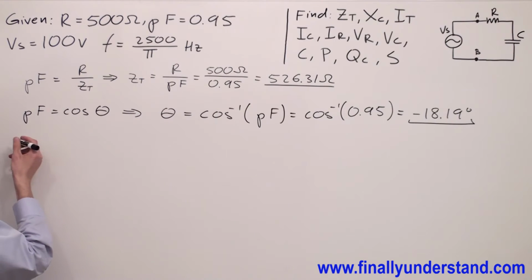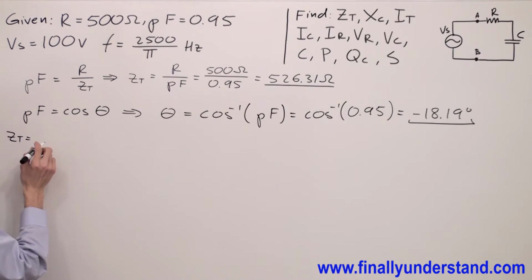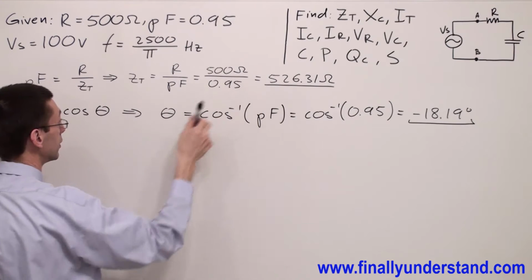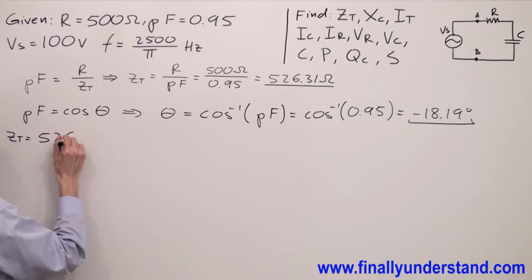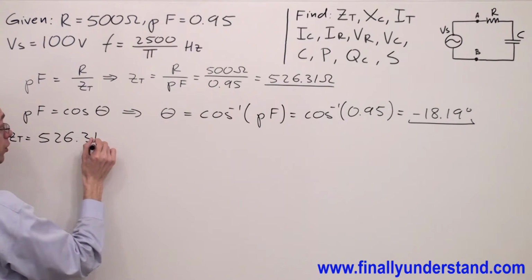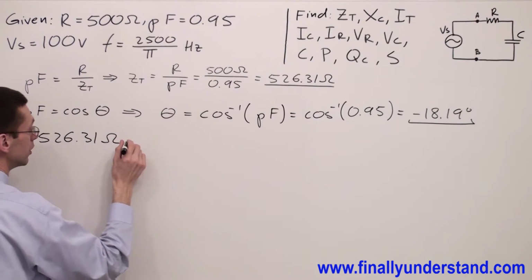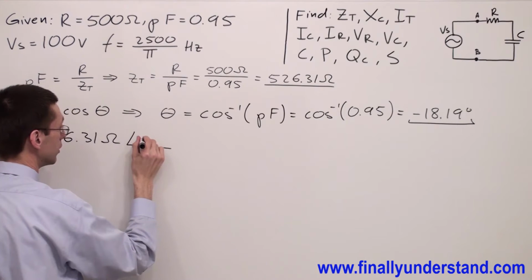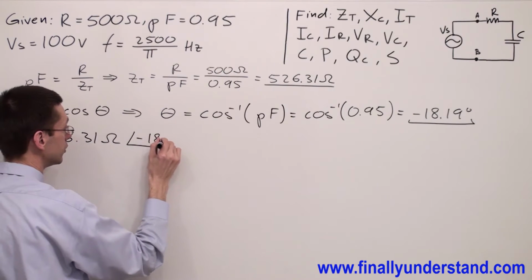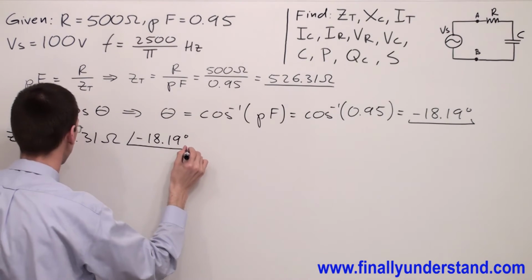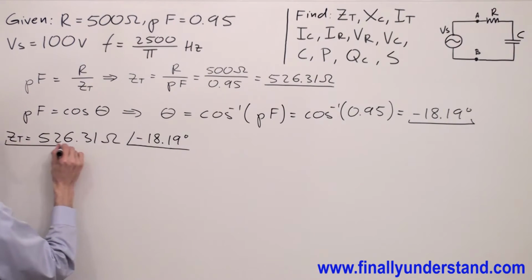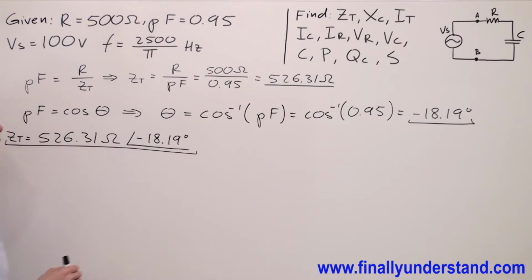So I can write that my total impedance is equal, this is the magnitude, 526.31 ohms and angle of negative 18.19 degrees. Okay, so this is the total impedance.